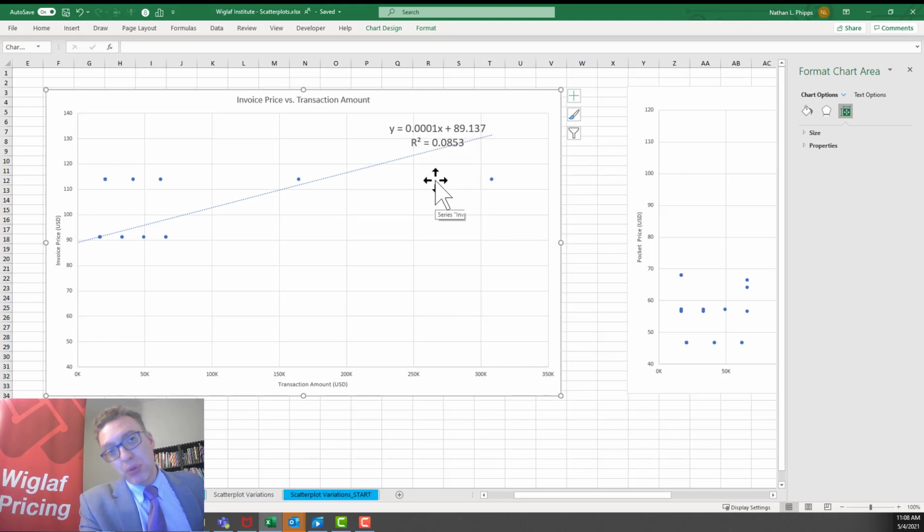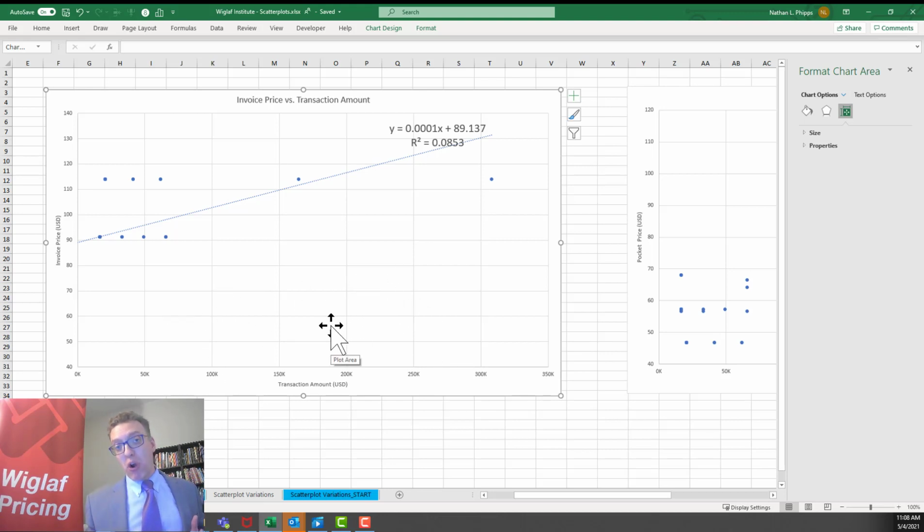Now, if you'll recall from your statistics class, an R-squared value lets you know what percent of the variation in one variable can be explained by changes in the other variable, by what's happening with the other variable. So in our case, we want to see if the invoice price changes as the transaction amount changes.